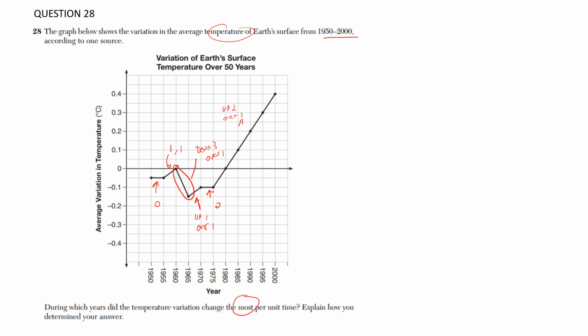We can actually figure out what that slope is exactly. Slope equals delta y over delta x, rise over run. We're going to take the 2 points, so we'll take 1965 as the first point. Delta y should use the y-axis, so right here is negative 0.15.